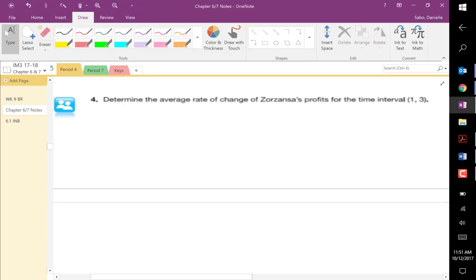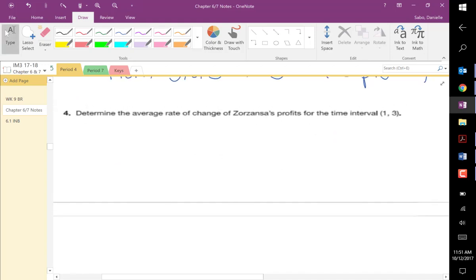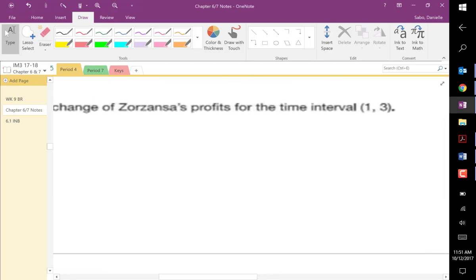Determine the average rate of change from Zorzana's profit, which is still that company for the gaming, from 1 to 3 years. So 1 to 3 years, are those X's or Y's if they're years? They're your X's. When I give you an interval, I know we're really used to going X, Y, but not in this situation.